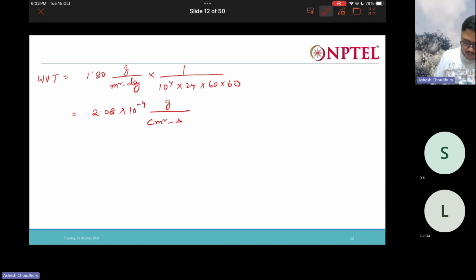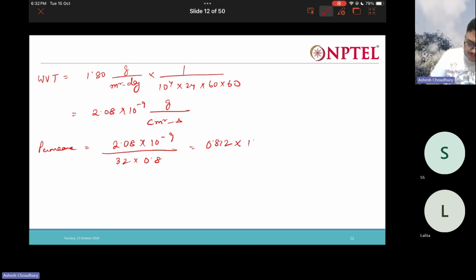For permeance also you need to convert the unit again. So this will come out as gram per centimeter square second mmHg.